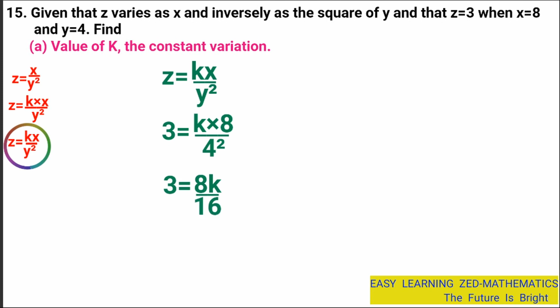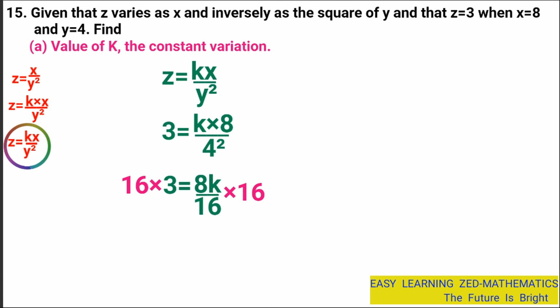At this stage, what I'm going to do is get rid of the fraction. That means I'm going to multiply the left side by 16 and this side by 16. What I do to the left, I should also do to the right. To make your mathematics easy, I'm not going to work out 16 by 3, because I know where there is k, there is 8.